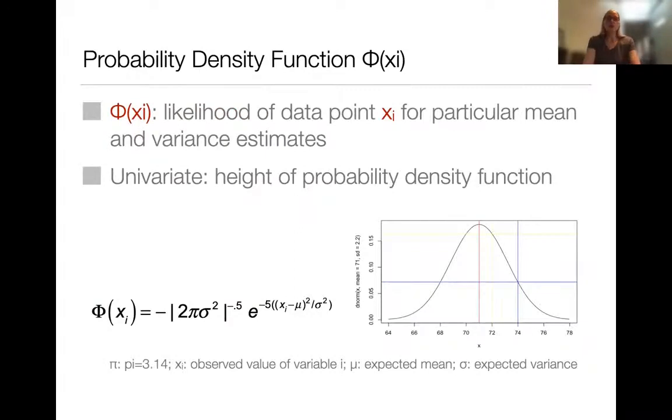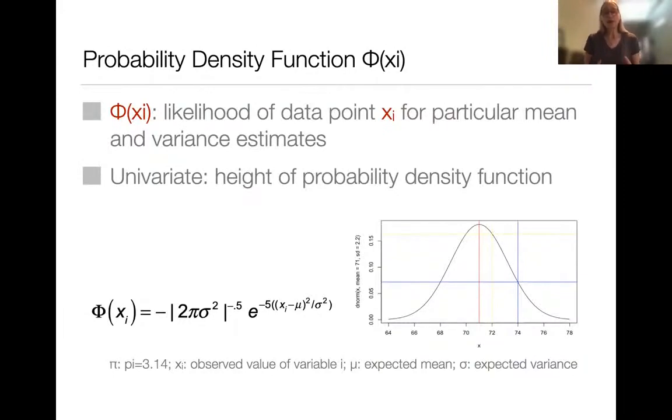So what's also useful to remember is that this is based on the probability density function, which describes the distribution of a range of values of a continuous measure that are considered to be normally distributed. So phi of xi is the likelihood of a data point, for example, xi, for a particular mean and variance estimate.